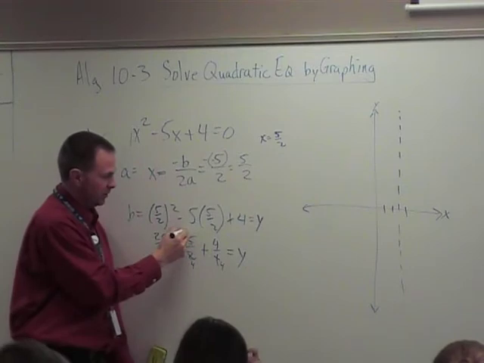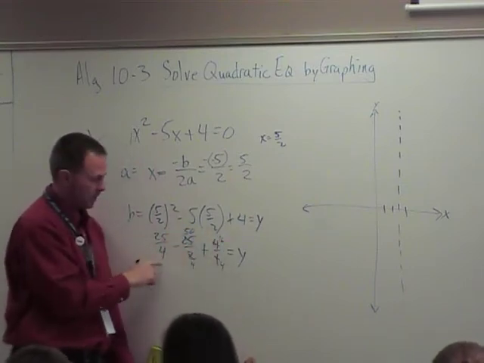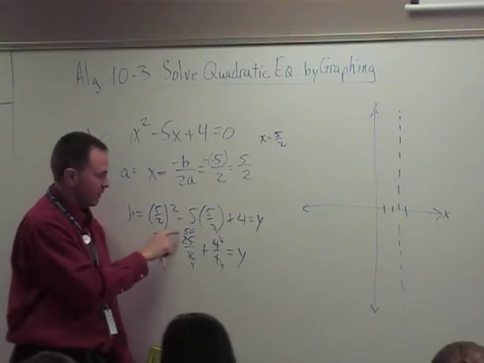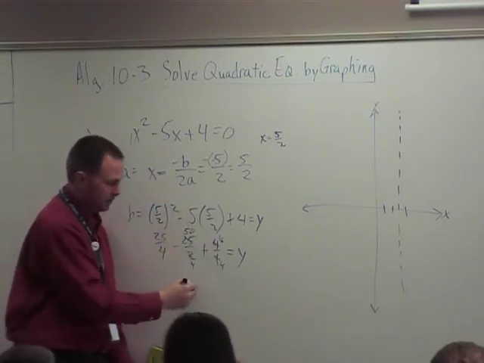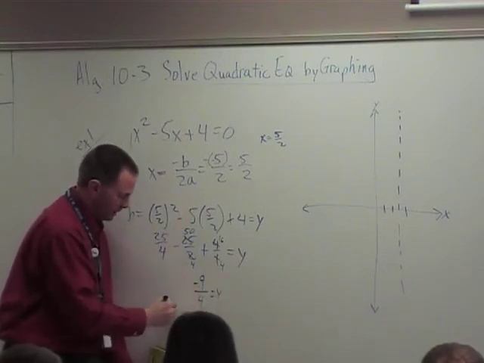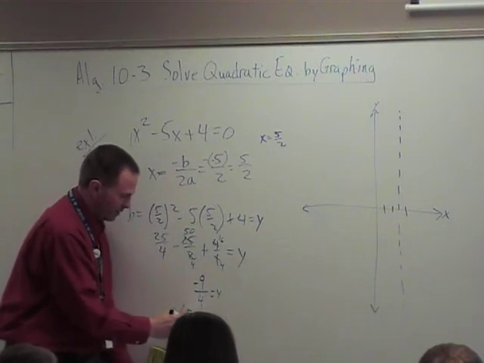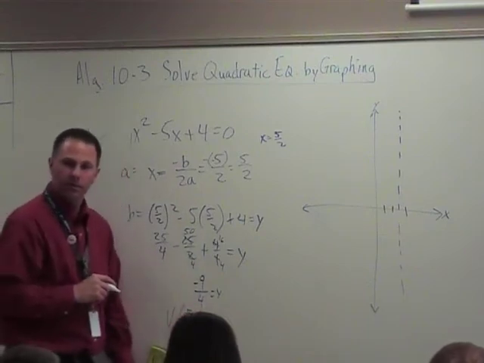So this is times 2, that's 50. That times 4 is 16. Common denominator. 25 minus 50 is negative 25. Negative 25 plus 16 is negative 9 fourths. So my vertex is at 5 halves, negative 9 fourths, or negative 2 1/4.